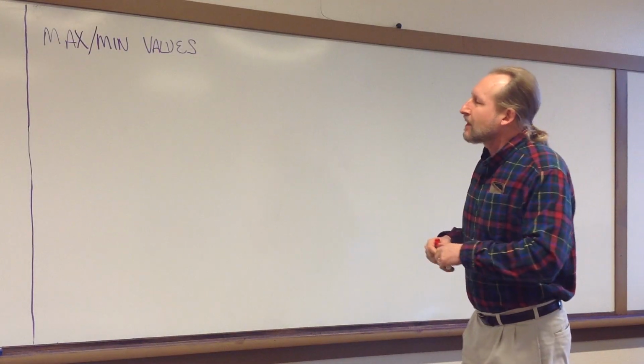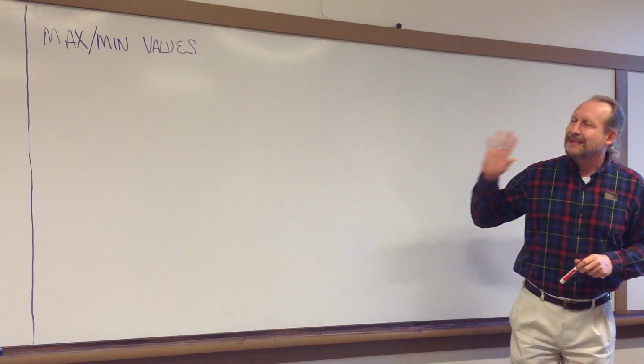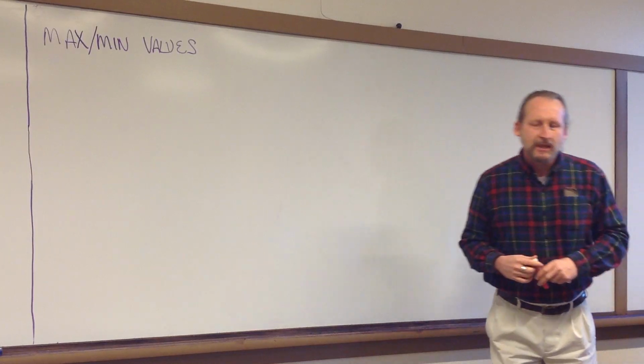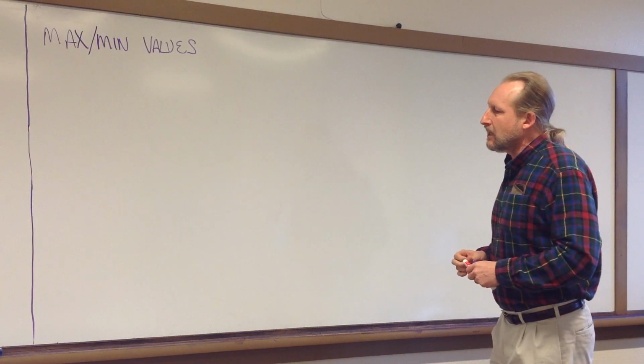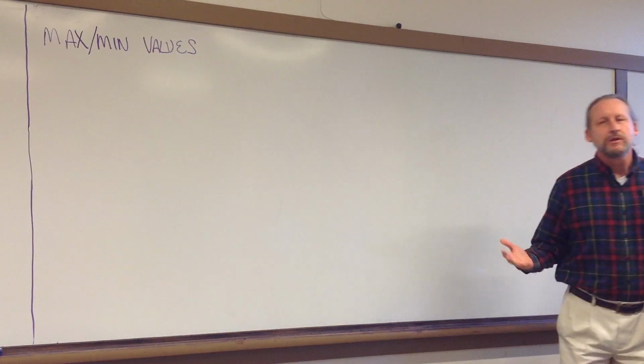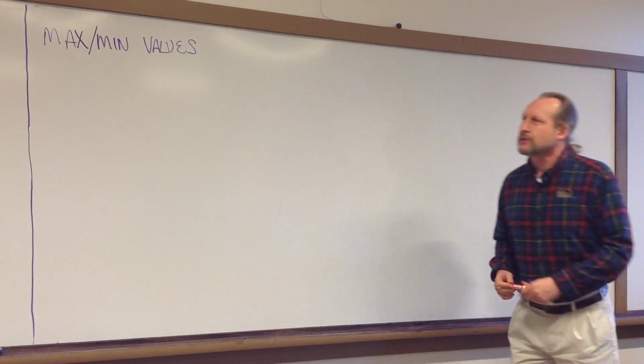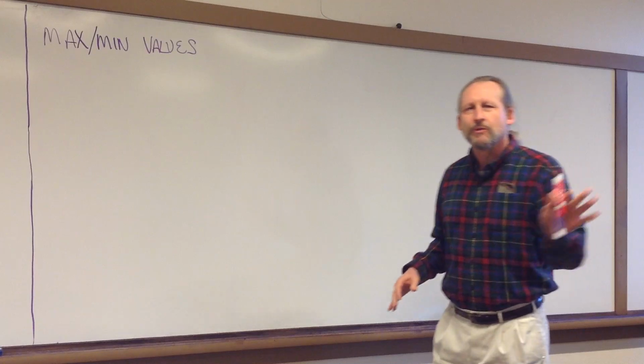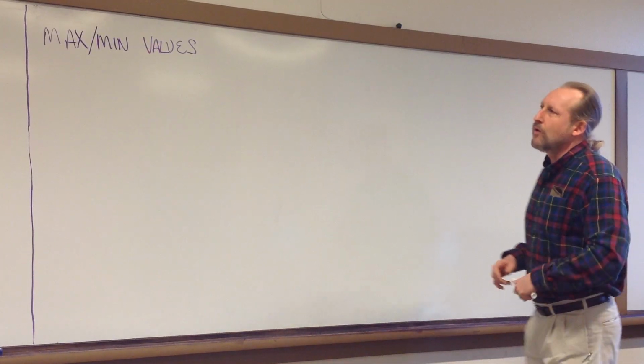Essentially, the key to this concept is the idea of writing a formula to represent a physical situation. That's what we won't get into until the end of chapter 1.